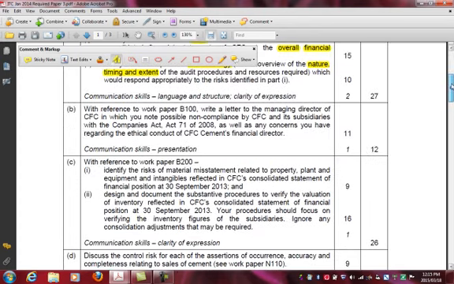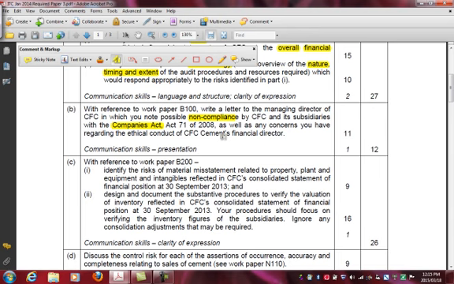Part B, with reference to work paper B100. Guys, work paper B100 was understanding the group and its environment. Write a letter to the Managing Director of CFC in which you note possible non-compliance by CFC and its subsidiaries with the Companies Act, as well as any concerns you have regarding the ethical conduct of CFC Cement's financial director.